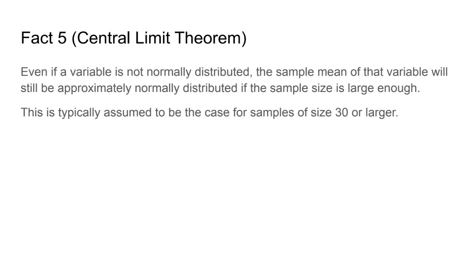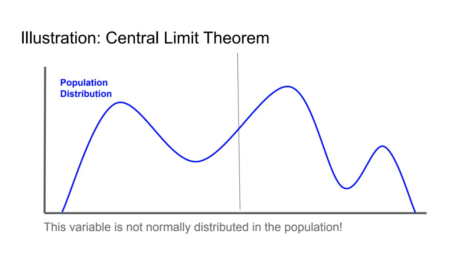Now, how does it look in a picture? Assume the population distribution looks like this. So this is certainly not a normal distribution. But if we take from this population a sample with a large sample size, maybe 100, then the sampling distribution will still look approximately normal.